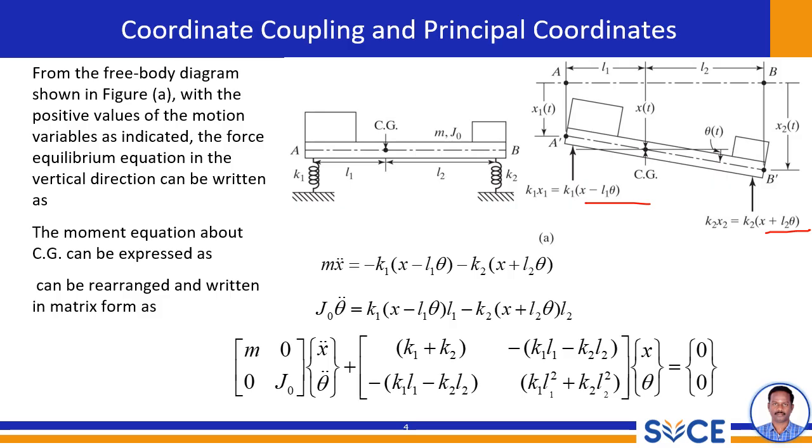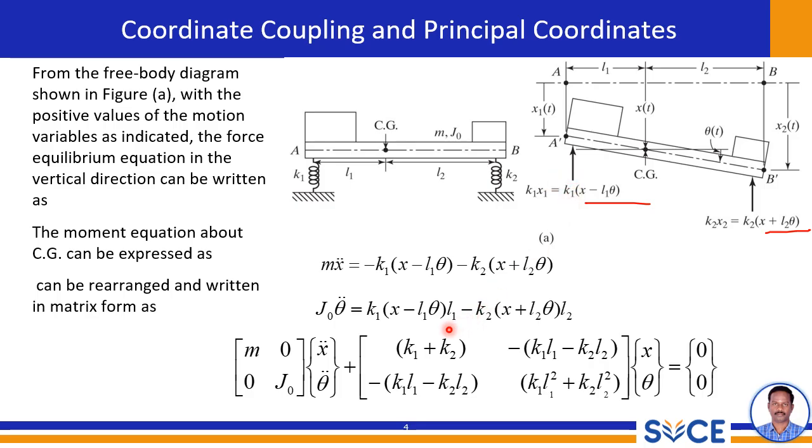Now, this system exactly demonstrates the coordinate coupling, that is, linear displacement x and angular displacement theta. You can see that in a single equation we have both the terms x as well as theta. That means the linear displacement and angular displacement are coupled because the spring force depends on both of them.